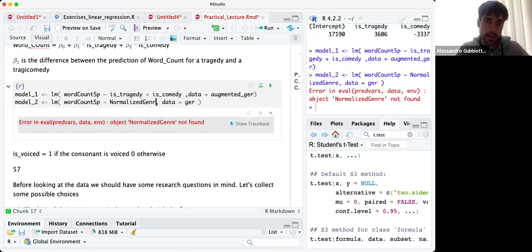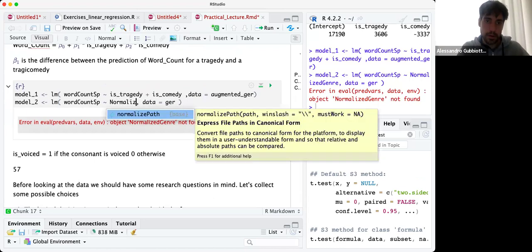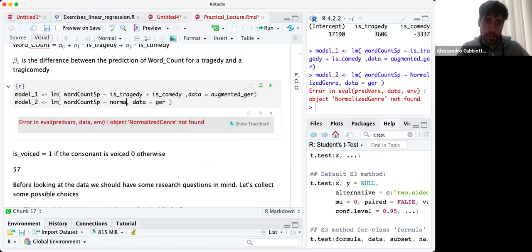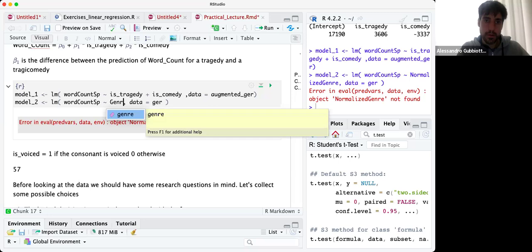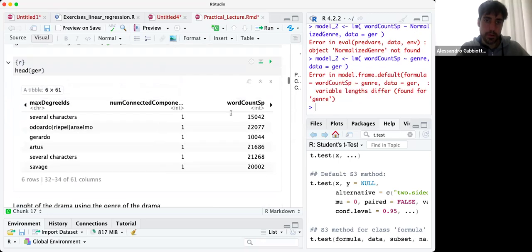Okay, I don't remember precisely how the column is named.